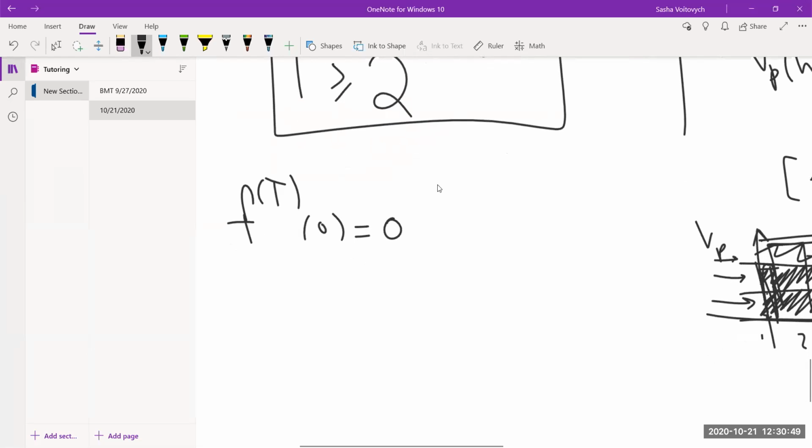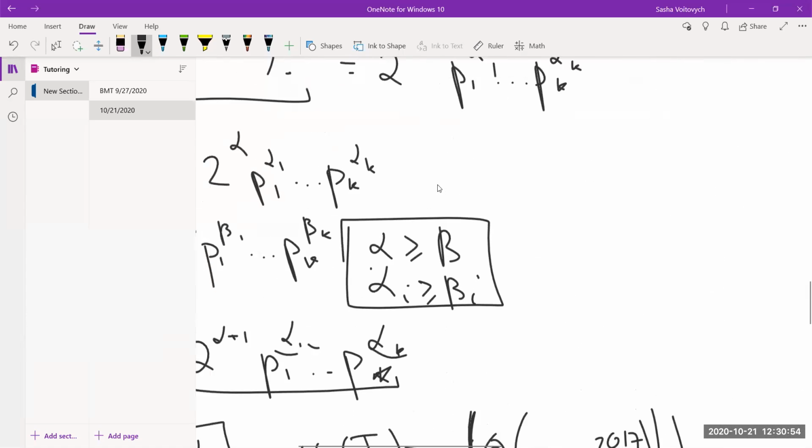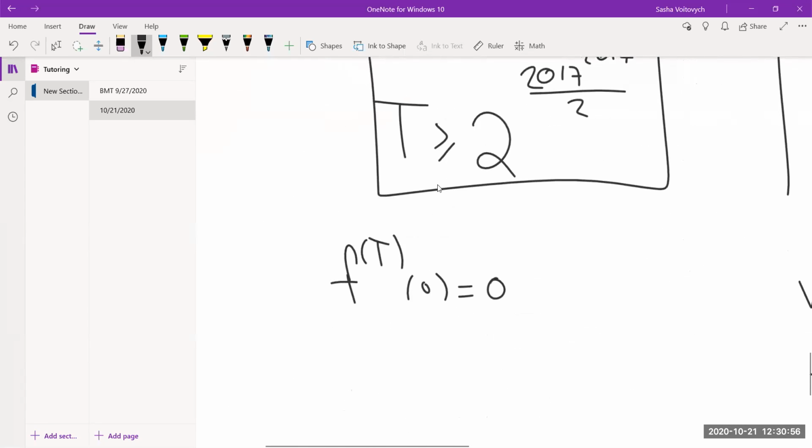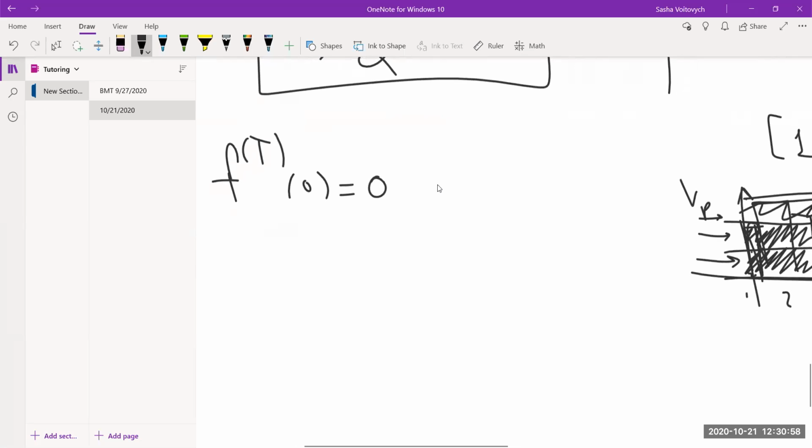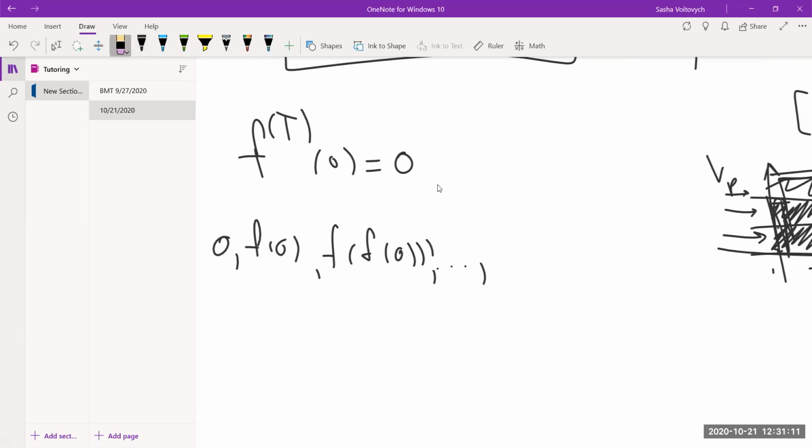And we know that, okay, let's look at the terms in the sequence. So 0, f of 0, f of f of 0, and so on, f to the t minus 1 of 0, and then we have 0 again.